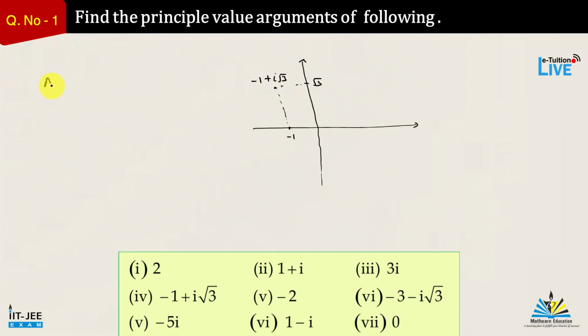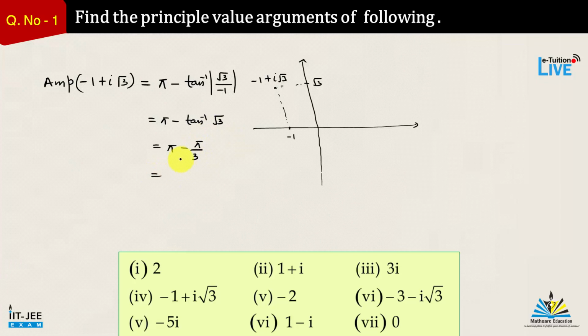So the amplitude of minus 1 plus iota root 3 is equal to pi minus tan inverse mod root 3 upon minus 1, and this is pi minus tan inverse root 3, and pi minus tan inverse root 3 is pi minus pi by 3, and if you simplify this you will get 2 pi by 3, that is 120 degrees.